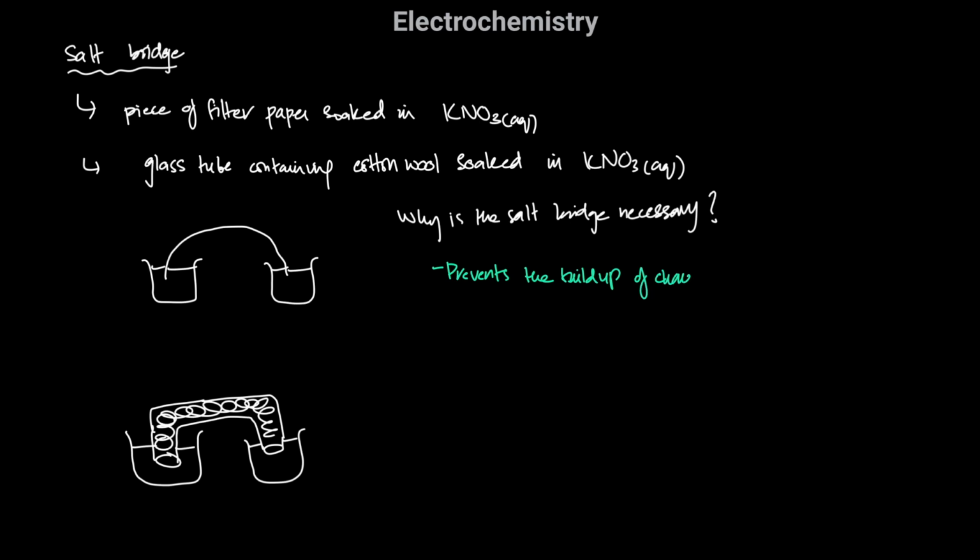But in the example that we saw, if we didn't have a salt bridge, we'd have positive charge build up at the anode, right? And we'd have had negative charge build up at the cathode, right? Negative charge at the cathode.